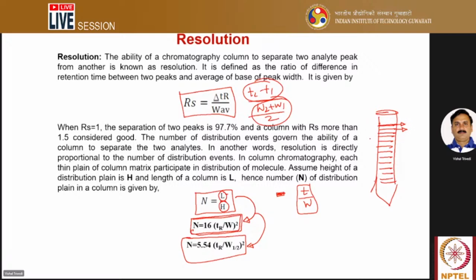So I think you don't have to worry about how you got these equations, because that needs a complete understanding of how the molecules flow into the column, and how we convert the length in terms of the retention time versus the width of the peak.